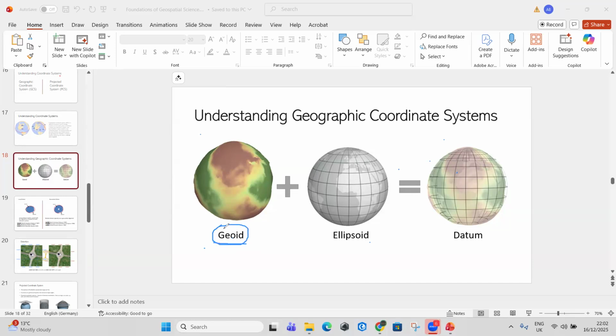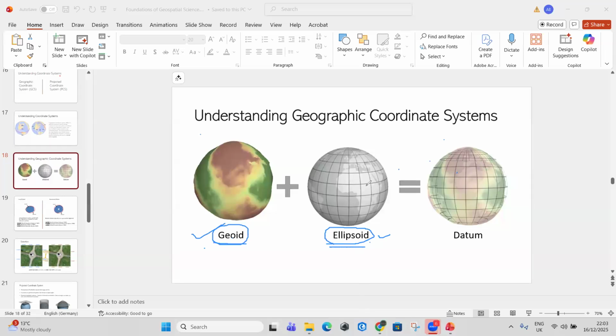Okay. Now you add a reference model to it. What reference model means is, here you are adding an ellipsoid. Now this is up to you. Either you can add an ellipsoid, or a spheroid, or an oblate. There are many options. Geoid is fixed. However the earth looks, it looks like that only. It cannot be changed, right? Then there is a model of earth that you have created, and you can put in the reference model as an ellipsoid, or a spheroid, or an oblate.